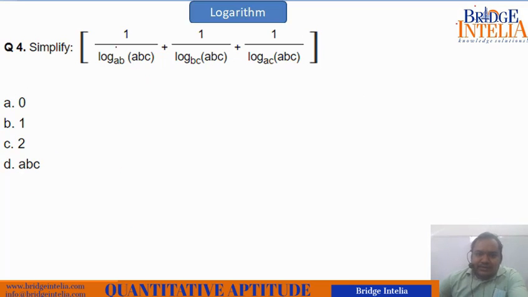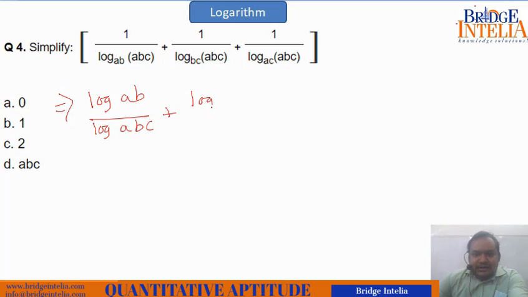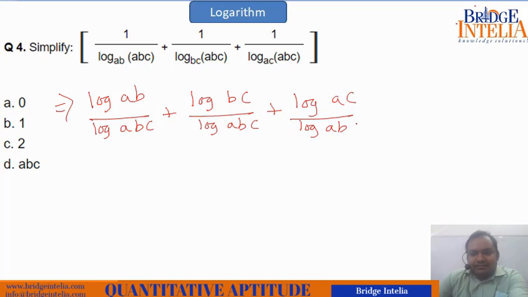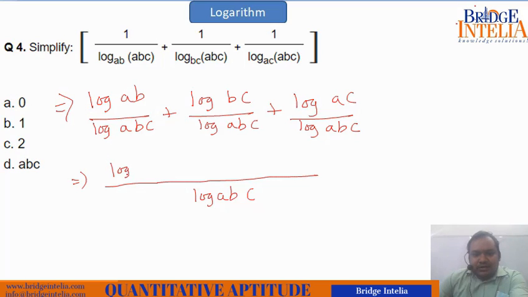Similarly, you have to break it in the form of log a by log b. So let's rewrite this. This can be written as log ab upon log abc plus log bc upon log abc plus log ac upon log abc. If you take log abc as common in all three denominators, you will get log ab plus log bc plus log ac.